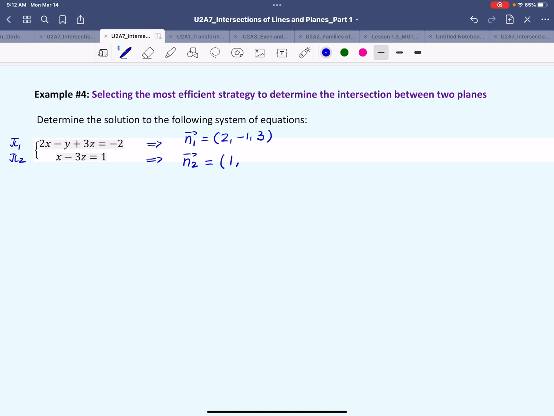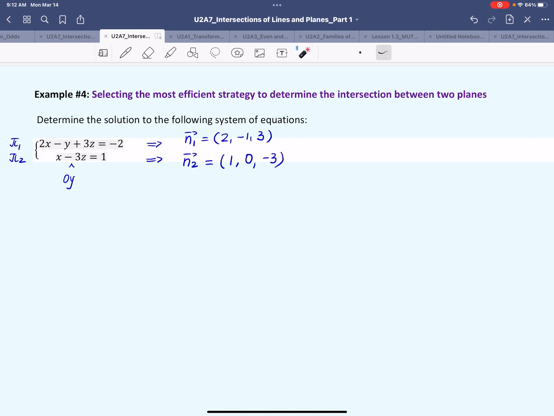And as you can see here, we are missing the y term. Missing the y term means that y must have had a coefficient of 0, so this will give the normal the y coordinate of 0. The z coordinate will be -3.